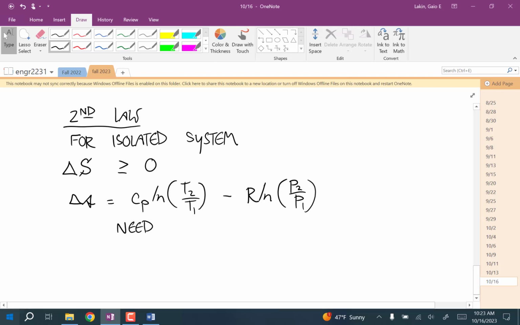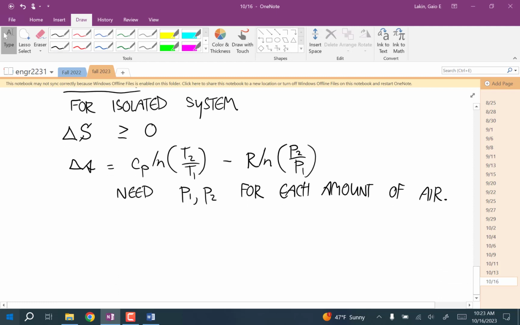Okay, so how are we going to get the pressures? P equals RT over v. Yeah, exactly. So we're going to use the ideal gas law.